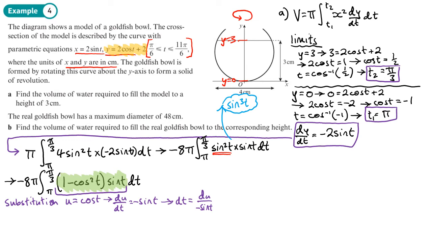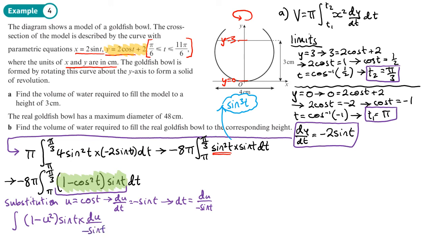So I could then write my integral as 1 minus u squared, times sine t. This is not trying to integrate. Times du over negative sine t.